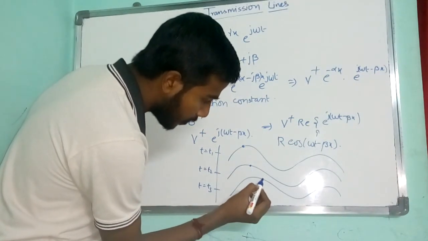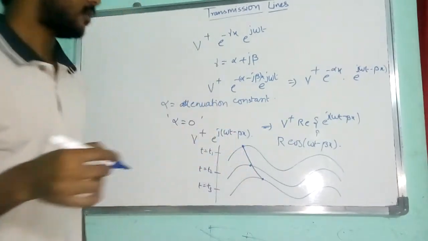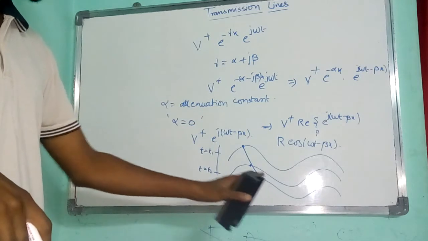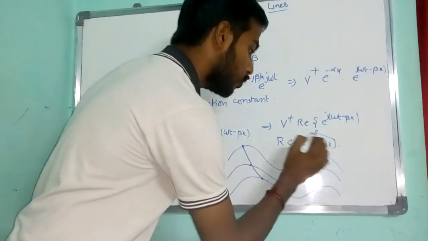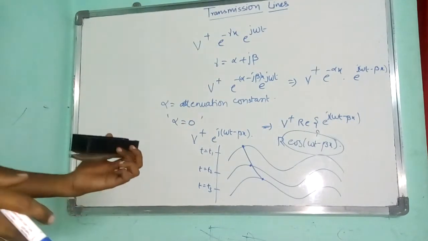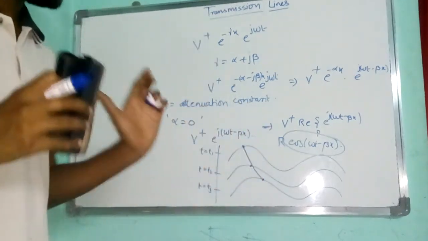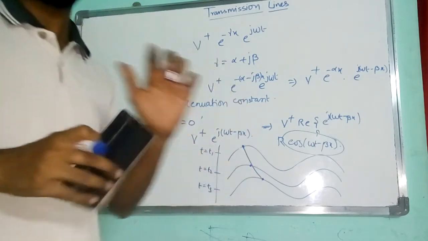Next, my peak will be here. That means there is a slight variation in the peaks at different time intervals. That is due to this cos omega t minus beta x. This is making the wave move from one position to another position at different times.